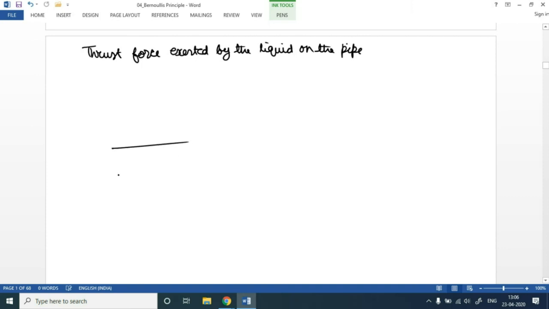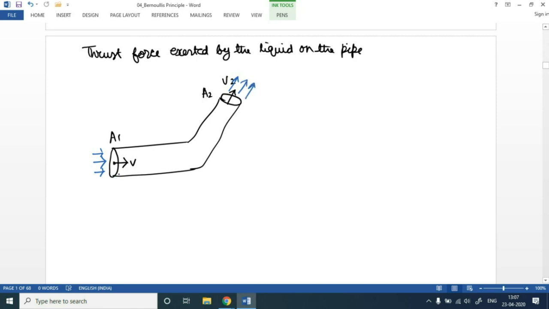Let's say we have some pipe here. This is one cross section A1 and the flow velocity is V1, and this is another cross section A2 and the flow velocity is V2 over here. Let's say the liquid is going in from this cross section and coming out from this cross section.